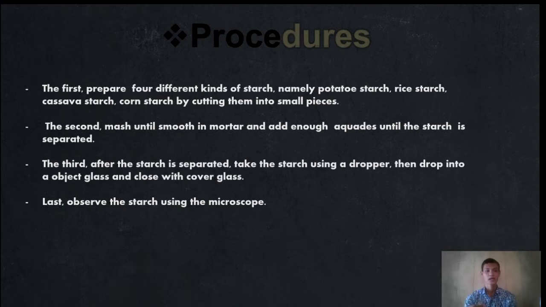The third, after the starch is separated, take the starch using a dropper, then drop it onto an object glass and close it with the cover glass. The last and finally, observe the starch using the microscope.